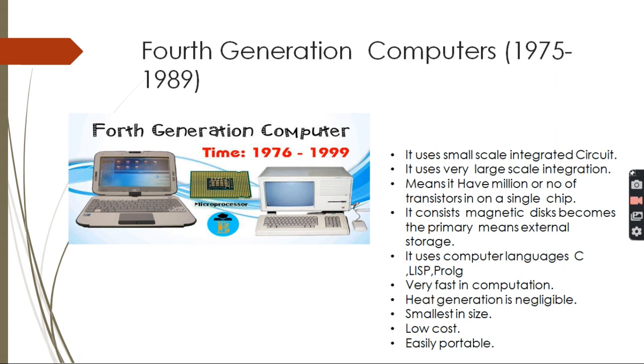VLSI began in the 1970s and was used in the fourth generation of computers. These chips were widely adopted, enabling complex semiconductor and telecommunication technology. The microprocessor and memory chips are VLSI devices, that means millions of transistors are in a single chip.